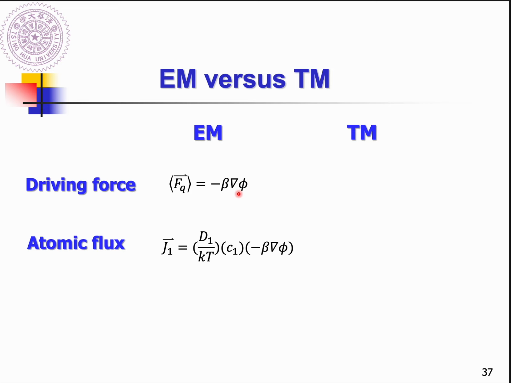So as long as the current density increases and we observe the EM effect, then when you write down the driving force and atomic flux driven by this EM effect, you should put in the effective charge to modify the driving force part and also the atomic flux.